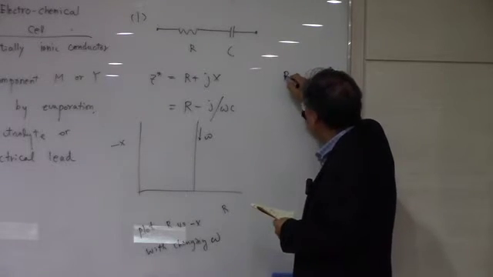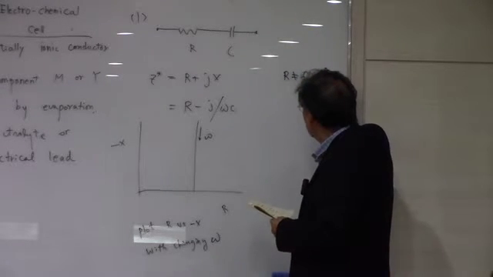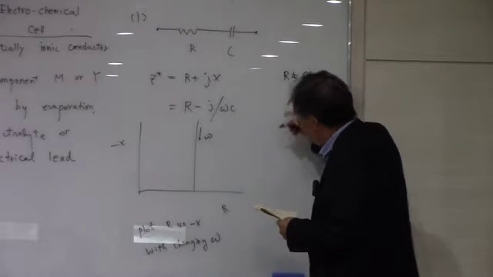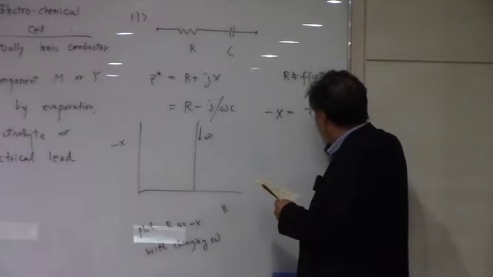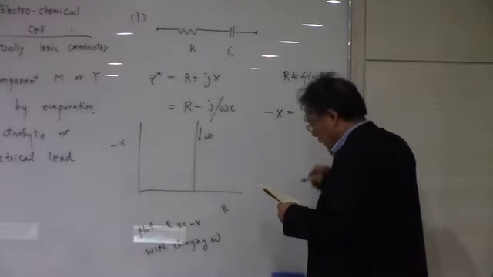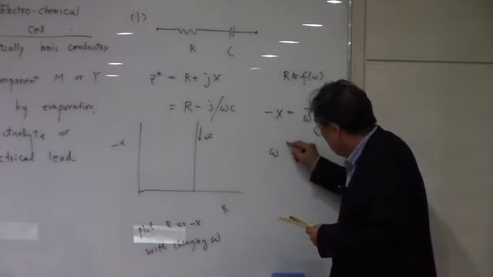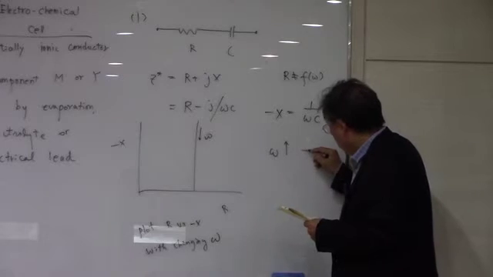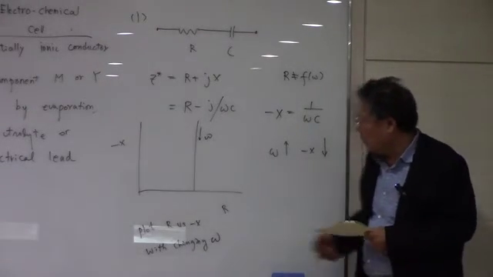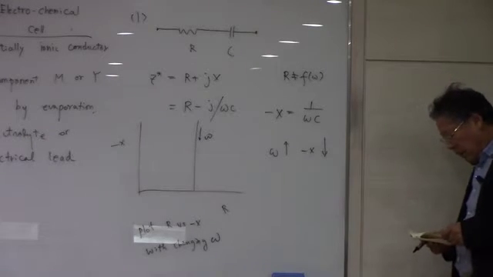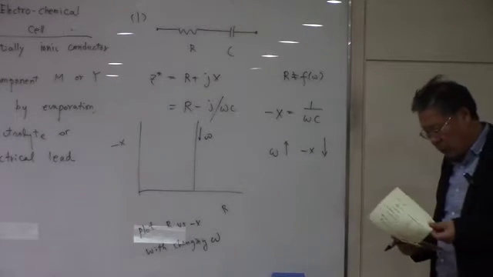And R is not a function of frequency because it's the DC component, and minus X is going to be 1 over omega C. So as you increase the omega, the minus X value is going to go down.